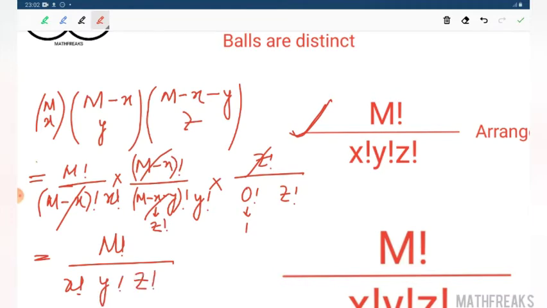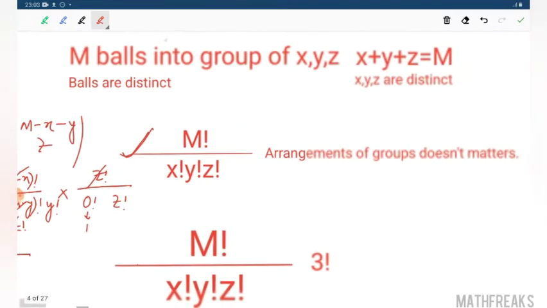Now, up to this point, the arrangement of groups does not matter.